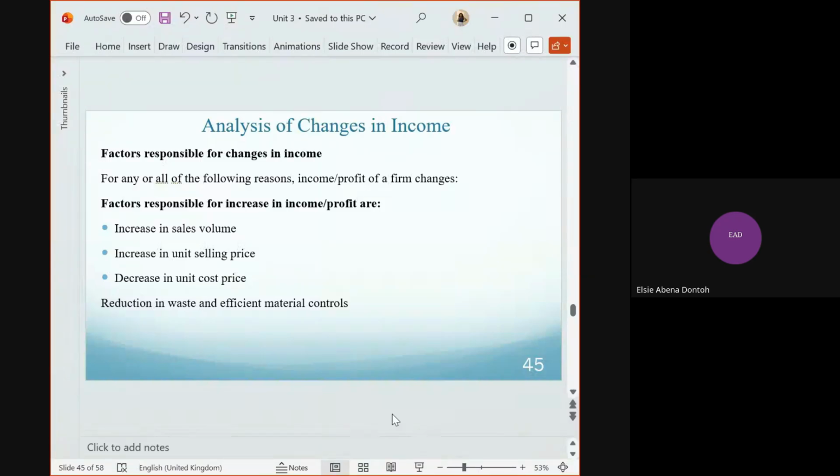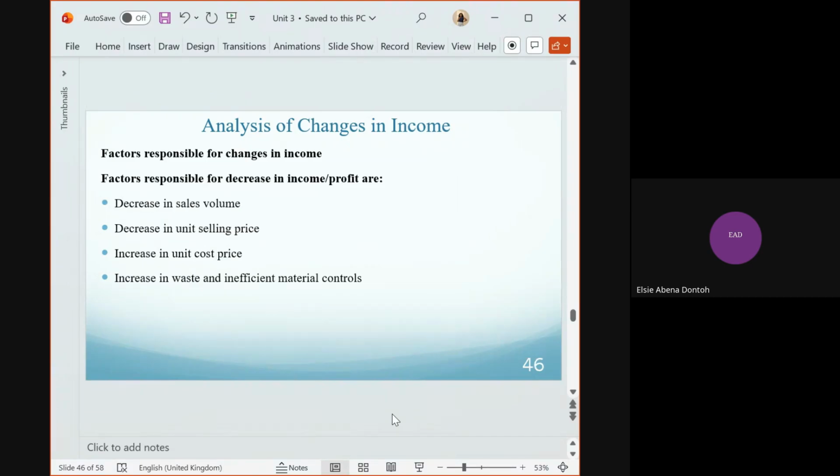When sales volume increases, when there's an increase in the selling price, and when there's a decrease in the unit cost price, reduction in waste and efficient materials control. And the factors responsible for a decrease in income are decrease in sales volume, decrease in unit selling price, increase in unit cost price, and increase in waste and inefficient material control.